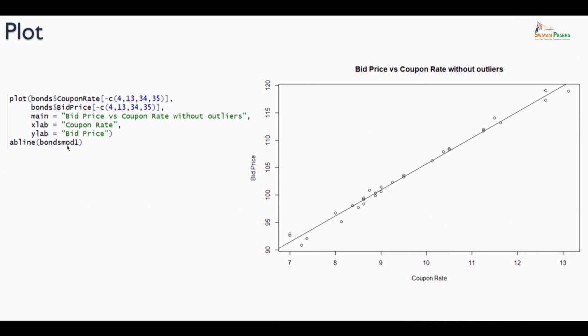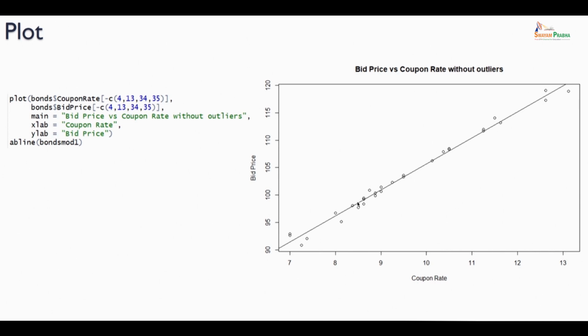So, bonds mod 1 does not have any outliers now, and I am going to plot the regression line over the data. Our regression line fits the data pretty well. Though there are some points which are farther away, it does not change the nature of the slope drastically. So, this is a pretty good model, and we have removed all the possible outliers that we thought were influencing the regression line.